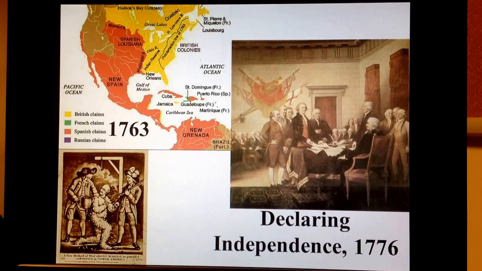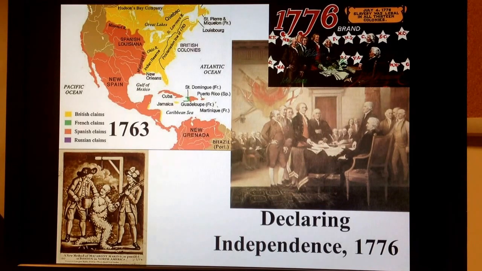Now, declaring independence does not actually make you independent, unless the party on the other side says, fine, you're independent. And that was not what the British government said. The British government sent the military, the British Army, to try to regain control of the colonies.